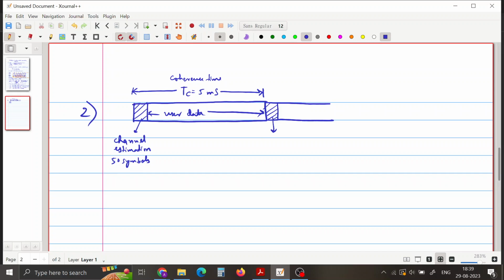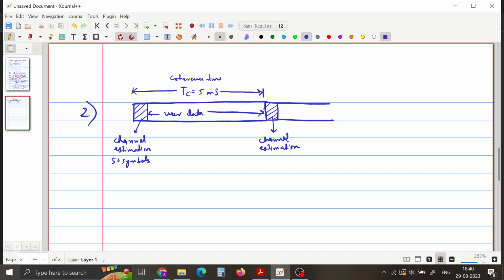Again, you do channel estimation here. After an interval of coherence time, you estimate the channel, in coherent detection. So this was the diagram. We have to remember this.